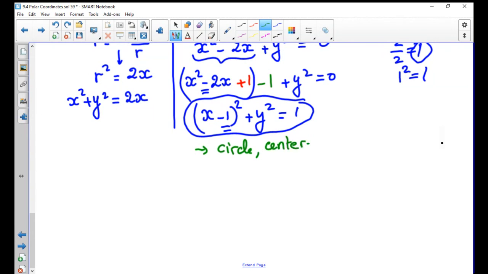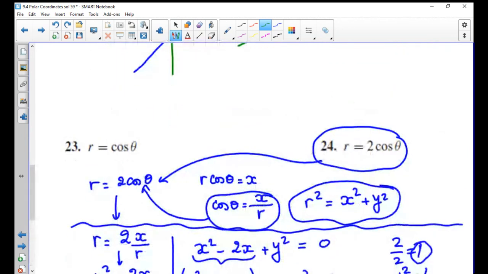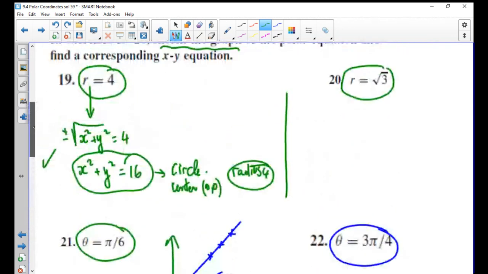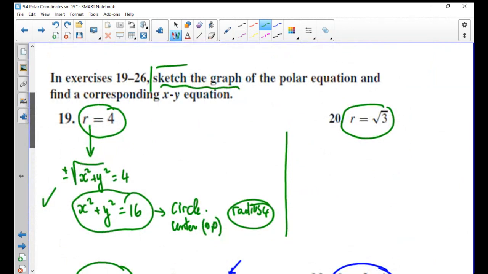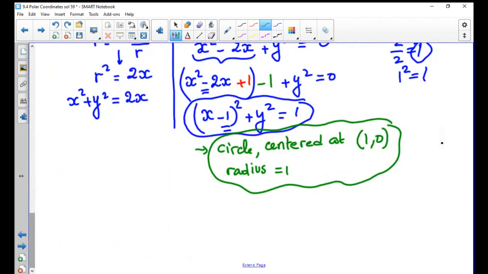That's it. So this is actually a circle centered at 1, 0 with a radius equal to 1. And that is the final answer. I think they're asking us to sketch, yeah? So we can now graph this. It's easy to graph it.